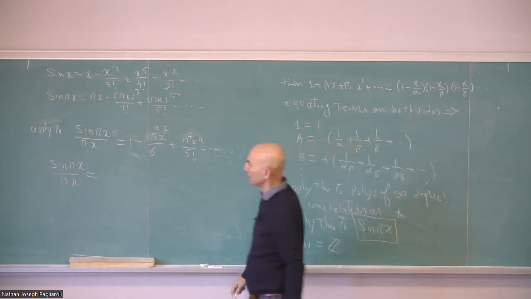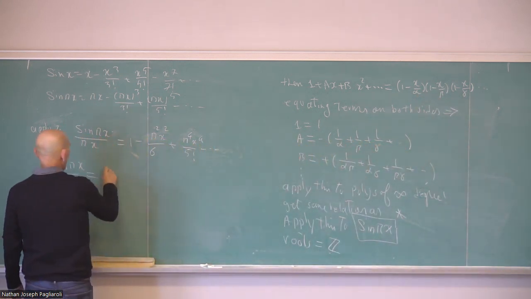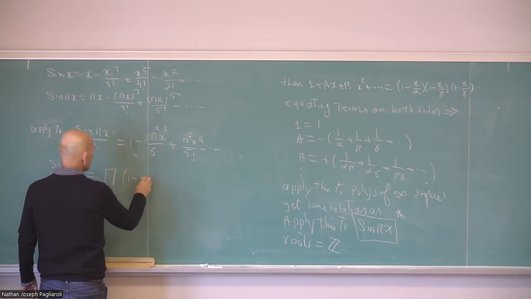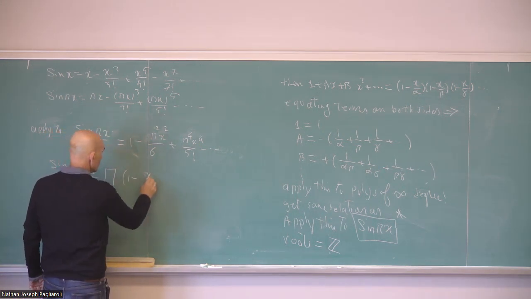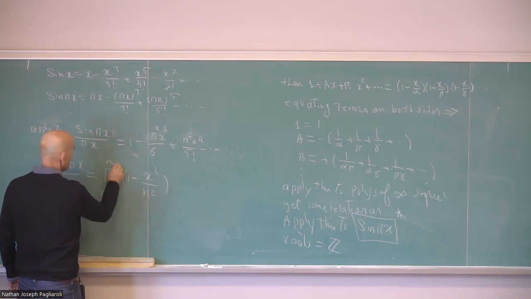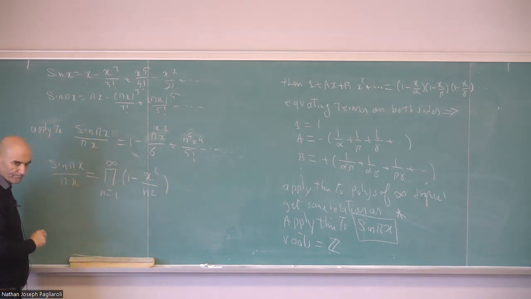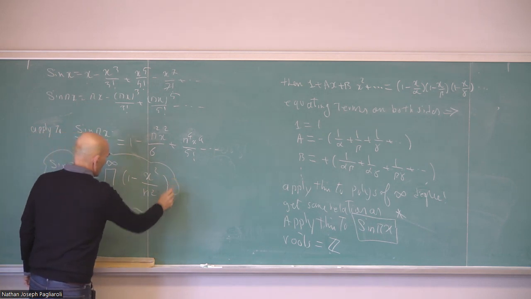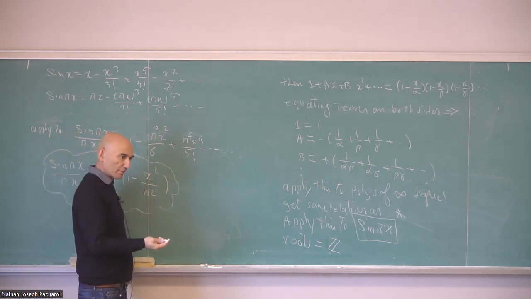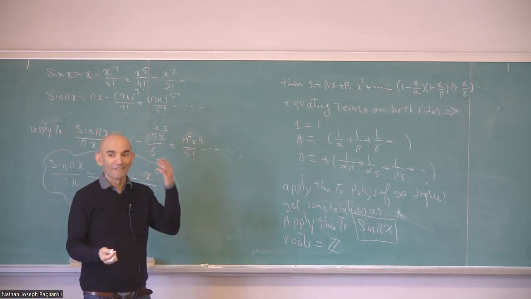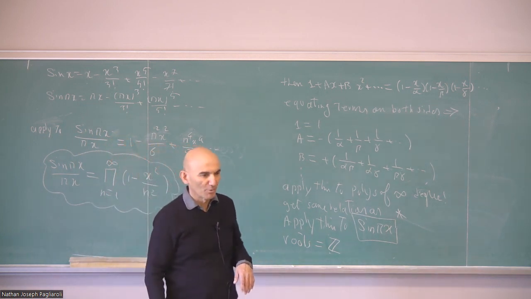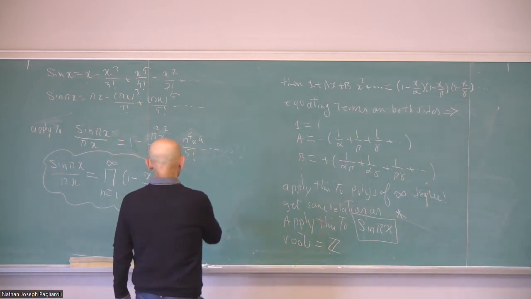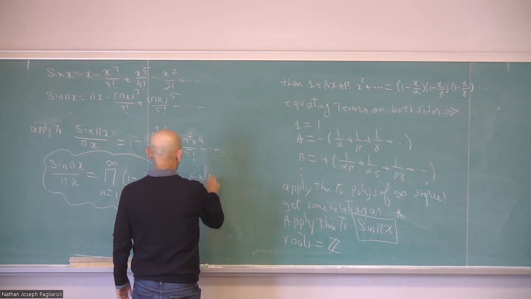So basically, he says, the product of 1 minus x^2 over n^2, for n from 1 to infinity. If you want, this is another Euler product formula. It's not as important as the first one, but this is also a product formula. This is called the Euler product for sine.